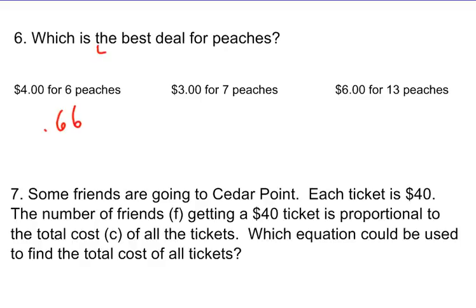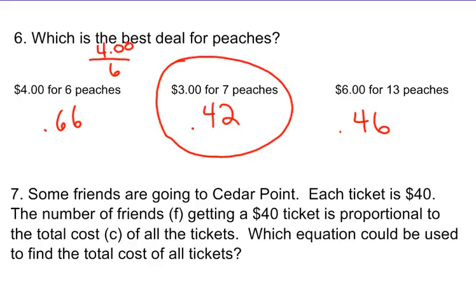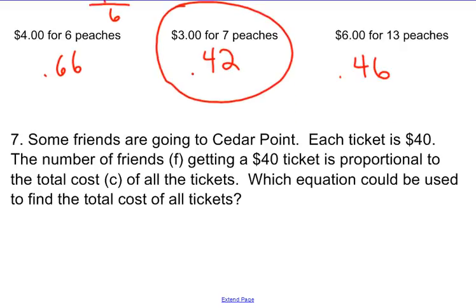If I do the same thing for $3 for 7 peaches, it'll come to 42 cents per peach. And if I do the same thing for $6 for 13 peaches, I'll get 46 cents per peach. Which is the best deal? $3 for 7 peaches.